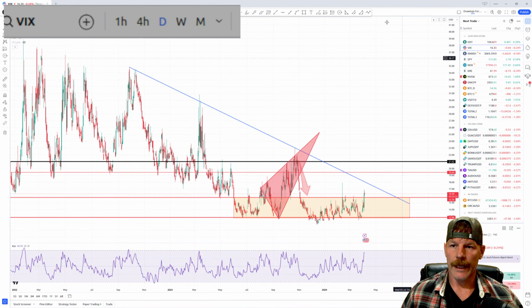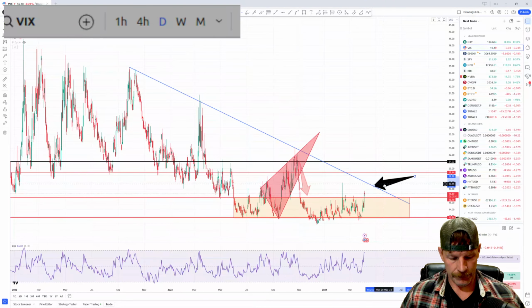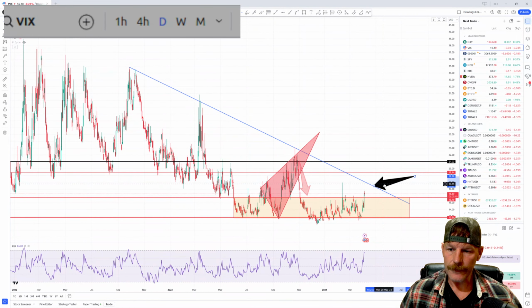And now we have currently spiked back above this sideways channel, which we have remained in. You can see this blue descending trend line. If we break that, excuse me, all bets are off. That means fear is going to massively spike. So again, this is something you want to be watching in conjunction with the dollar and our market charts.